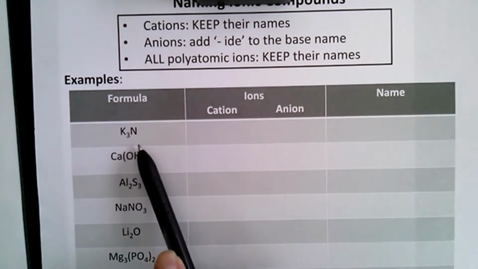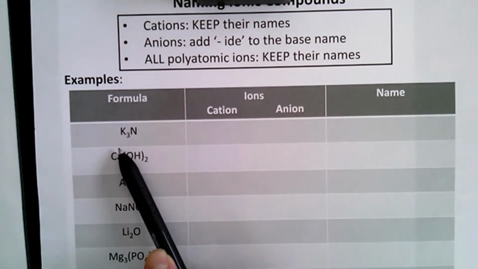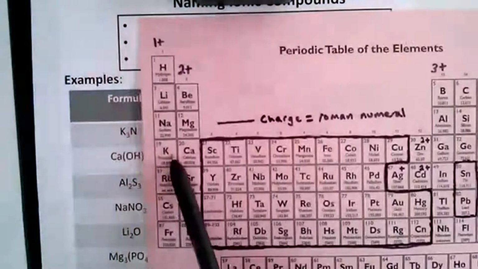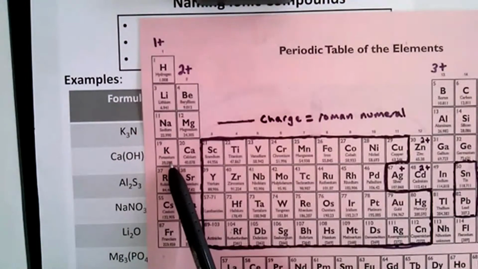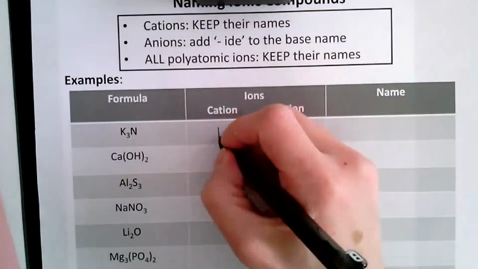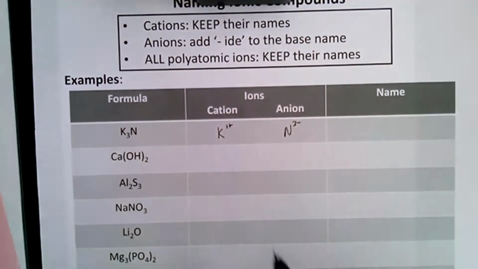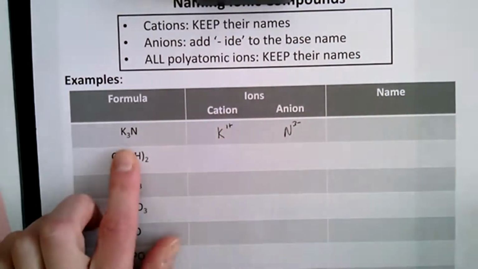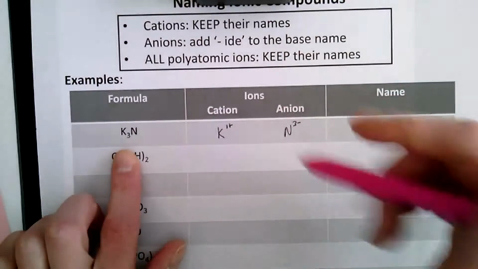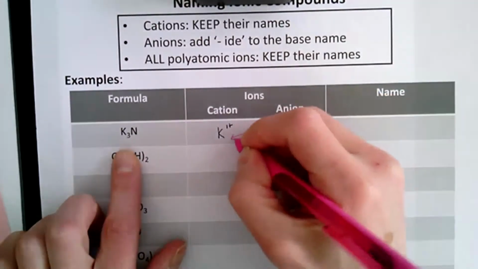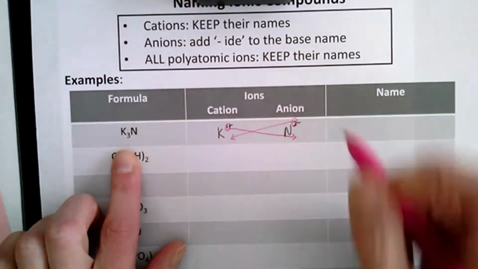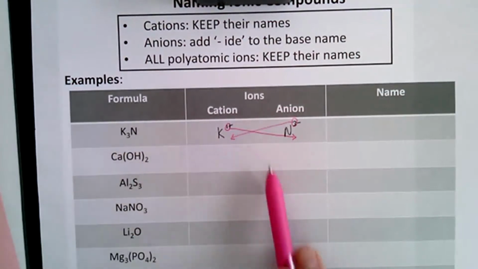Okay, so let's look at K3N. If you don't know it off the top of your head, you find it and you see it as potassium. So this is K and it has a 1+. Nitrogen was nitride, it has a 3-, just to verify where that formula came from. 3 comes over and down, 1 comes over and down. So again, you won't need to do this in the assignment.